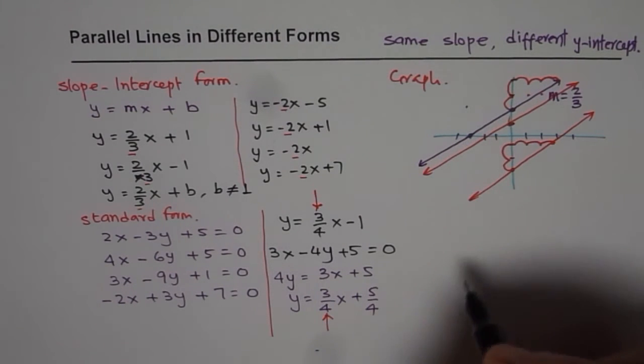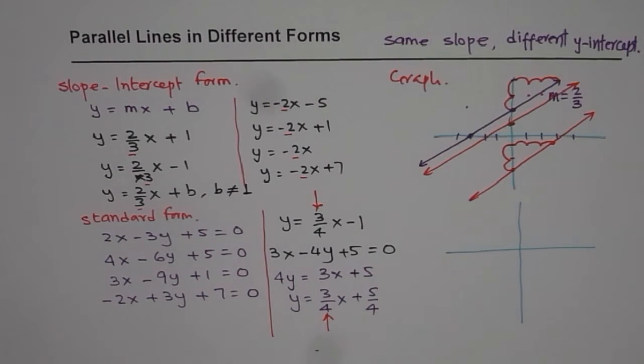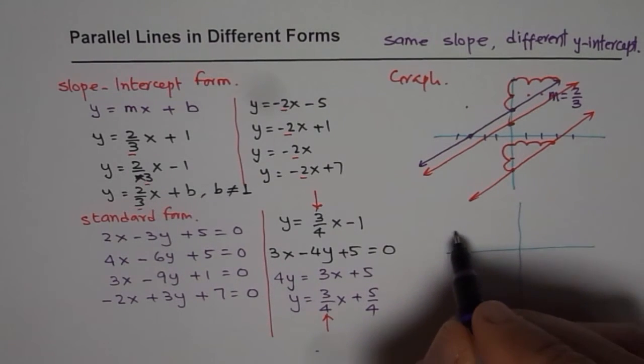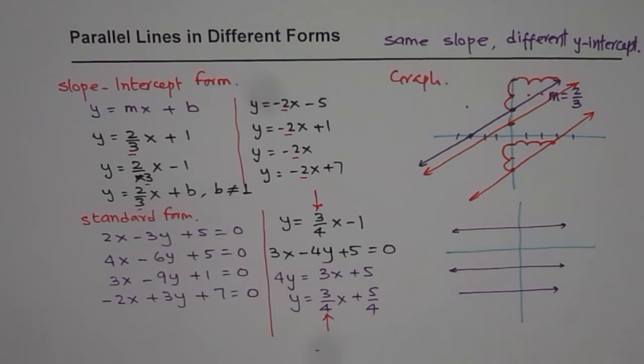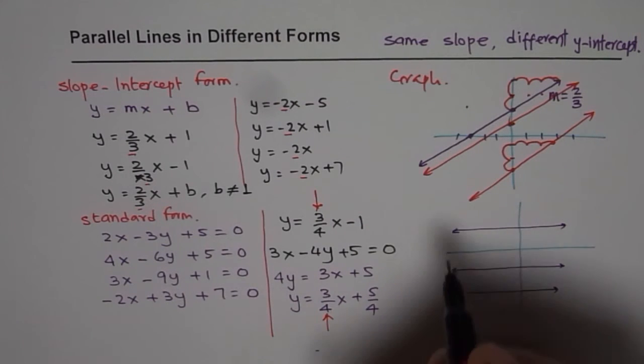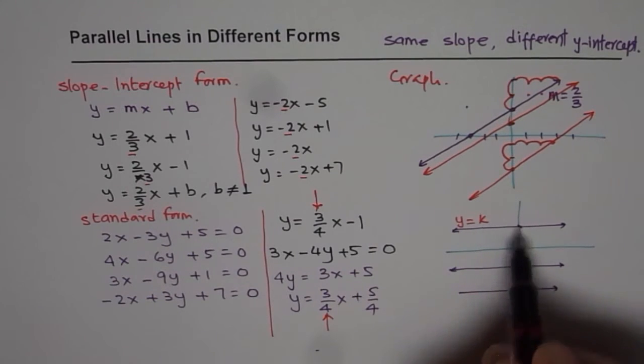Another interesting case to draw parallel line is when we have horizontal and vertical lines. So all horizontal lines are parallel. So any horizontal line you draw will be parallel to one another. Equation of these lines will be y equals k, where k is the y-intercept.